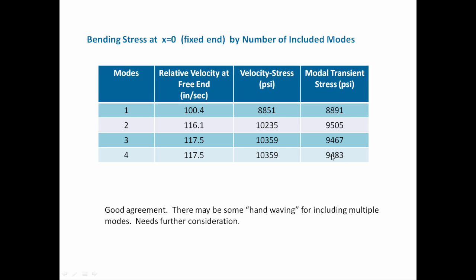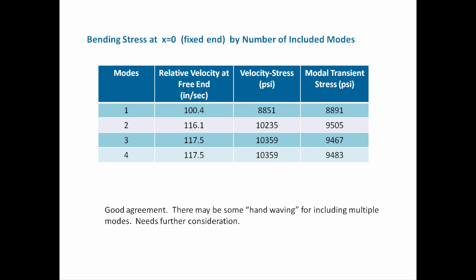That's in the MATLAB script. It's doing the full modal transient analysis, picking out the relative velocities, and then going through the calculation of the relative displacement, looking at the second derivative of the mode shape, and calculating the bending moment and then the bending stress therefrom.